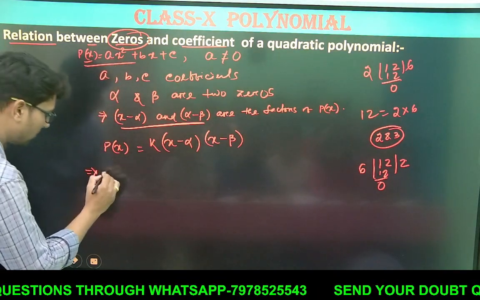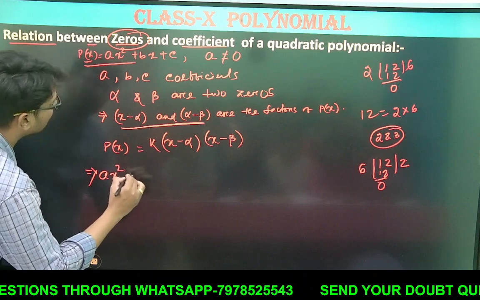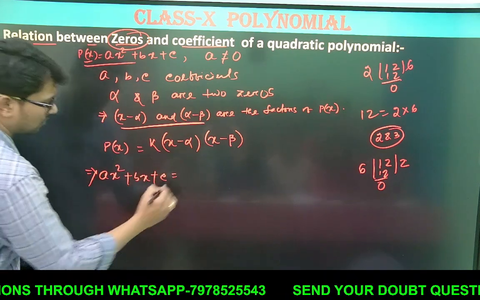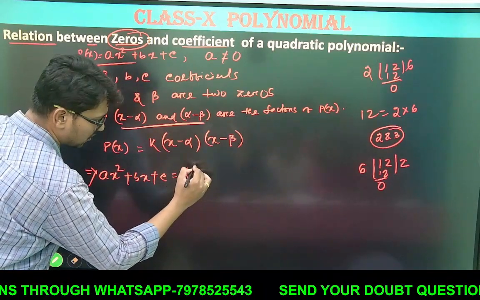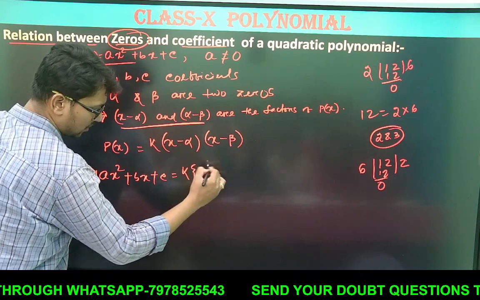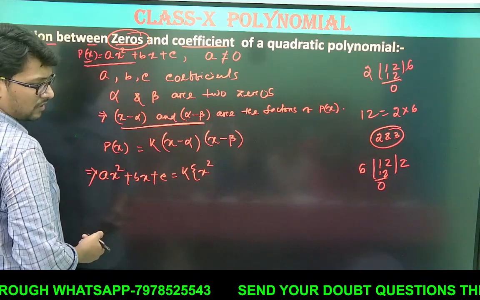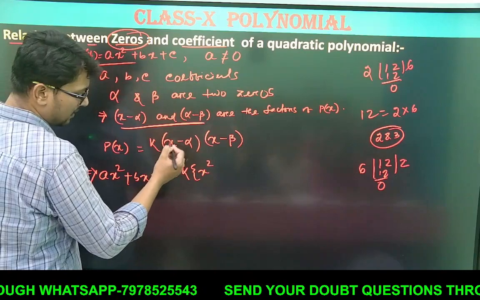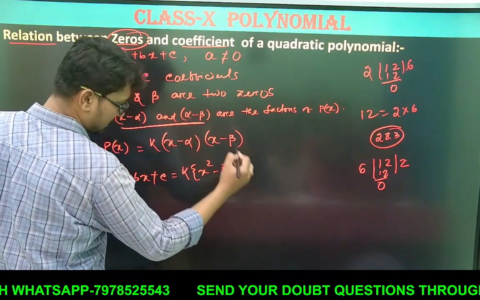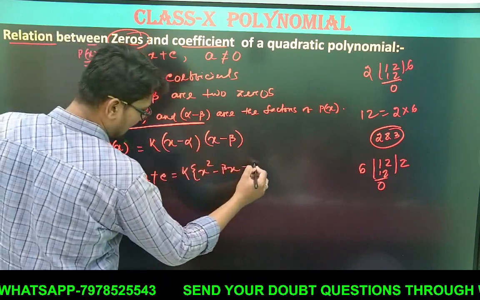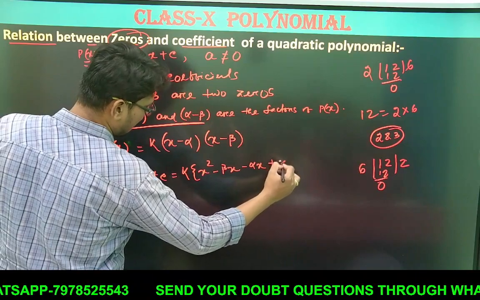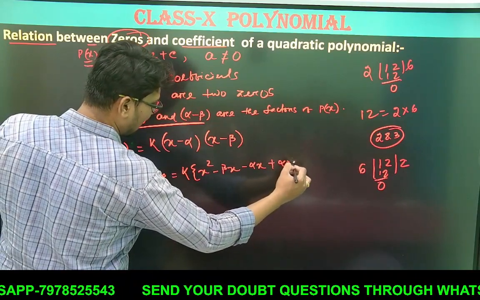P of x value is what? x square plus bx plus c equals k into, tell me, what will become? x square, yes or no? x into minus beta means minus beta x, minus alpha x, then plus alpha beta.